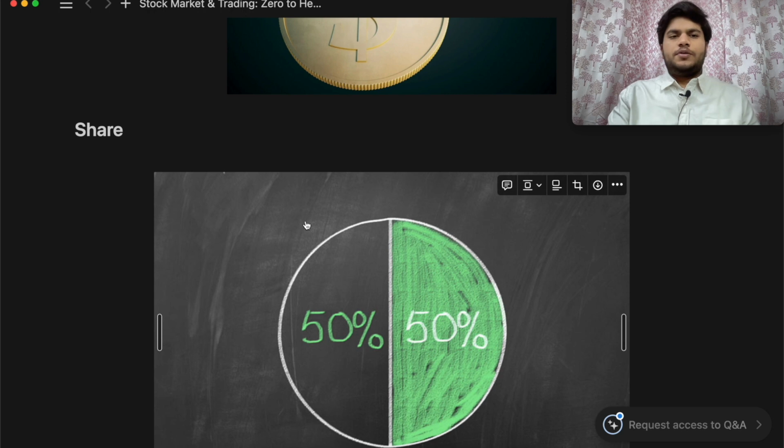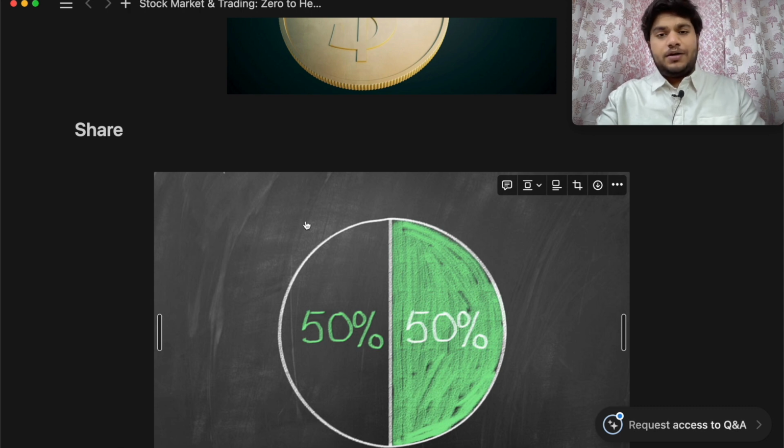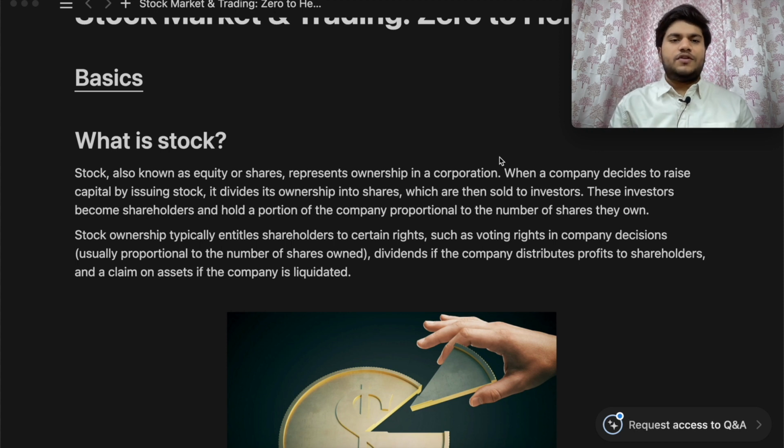So moving forward, if a company has two people as shareholders, they have 50% equity each. All right. Now if a company has 10 people and they own equal ownership, everybody has 10% ownership. So now how many shareholders are there? 10 shareholders. And how many shares are there of the company? 10 shares. For example, a company is worth 1 crore.